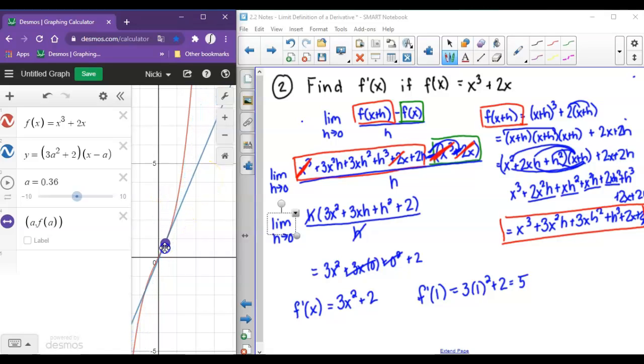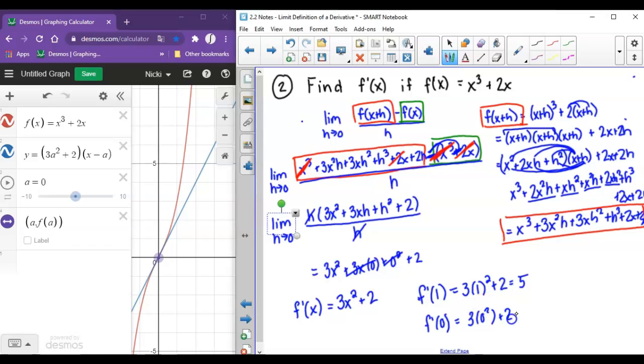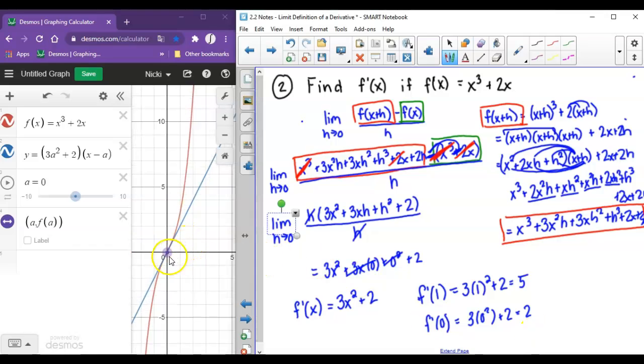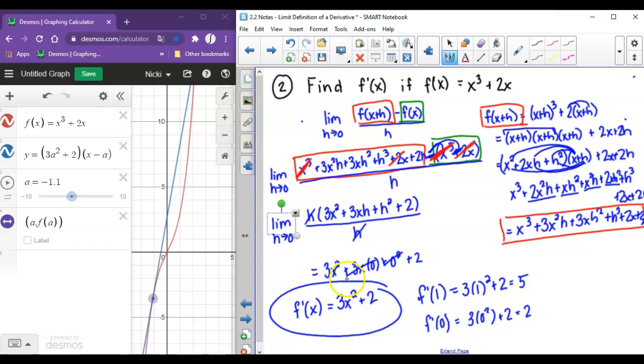So if I want to look at the slope of the tangent line right there at 0, then f prime of 0 is going to be 3 times 0 squared plus 2, which is going to give you 2. If we look at the slope of our line here, up 2 over 1. Looks great. We could plug in any number and it's going to give us that slope of that tangent line. So this is our answer right here, and it will allow us to find the slope of the tangent line at any point.